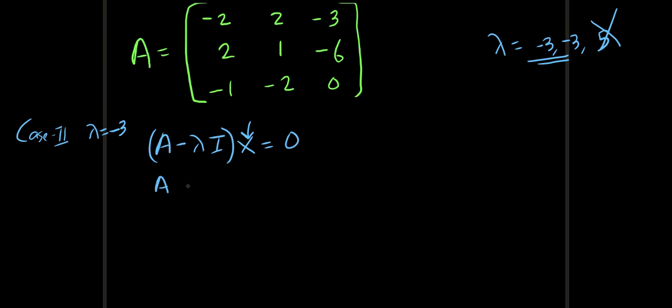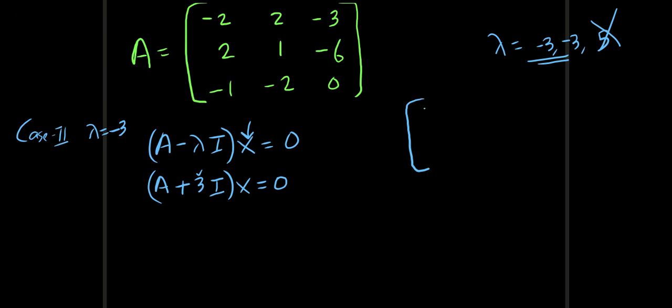and that is (A plus 3I)x equal to 0, and let's write that equation over here. So I'm supposed to add 3 in the leading diagonal.